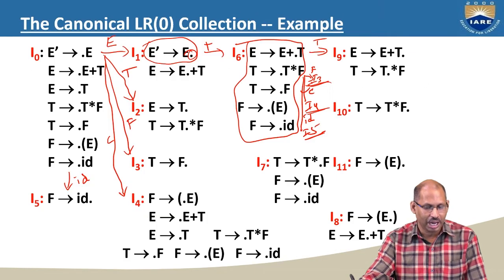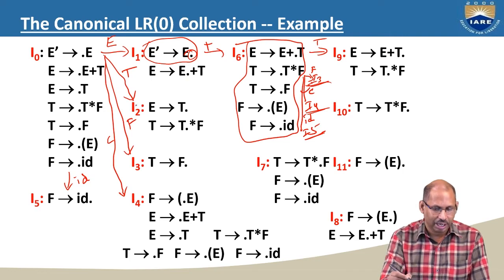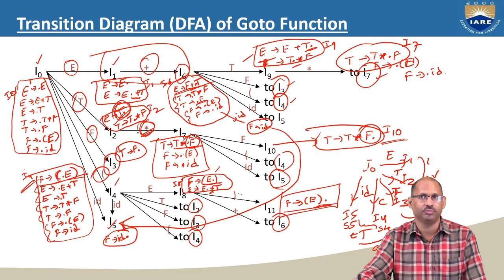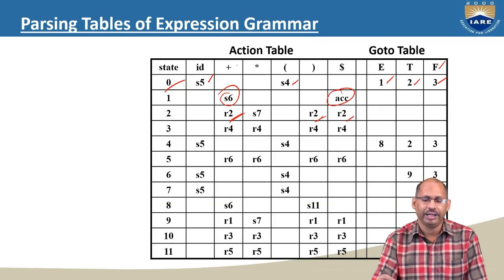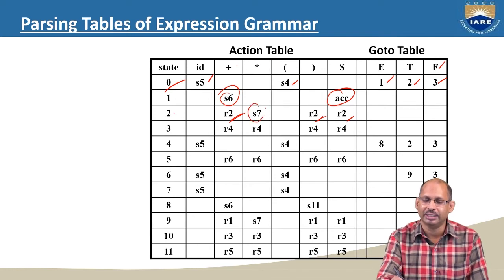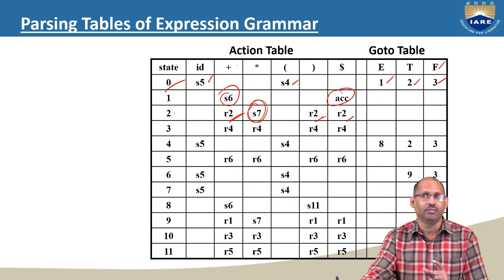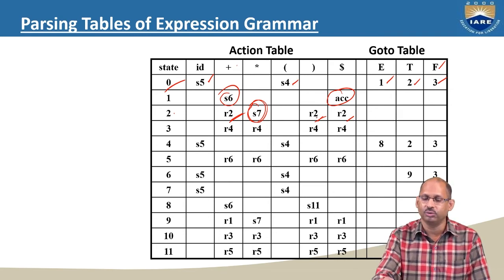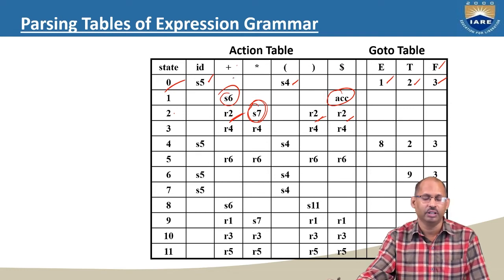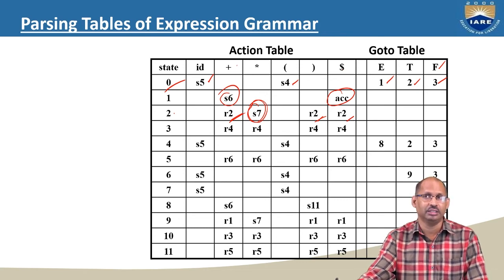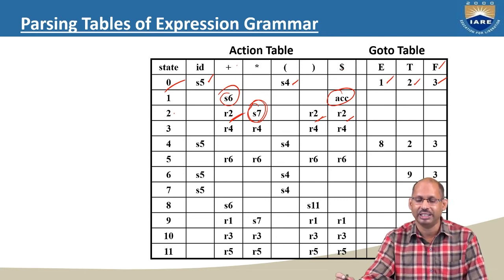Then one more we have here: I2 on multiplication going to I7. So I2 on multiplication is S7. For dot at the end of the second production, follow of E is considered, and in all the follow of E terminals we have written this R2. For multiplication going to 7, we have written S7.